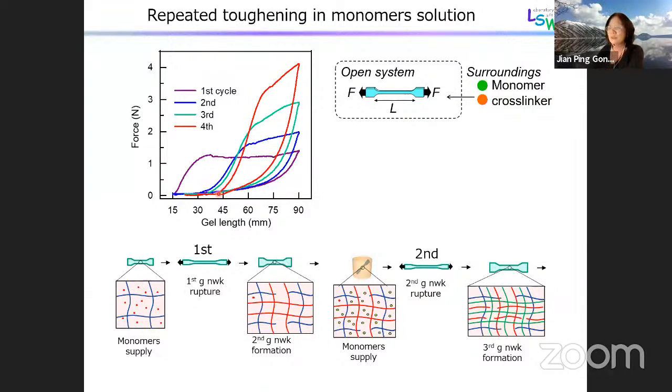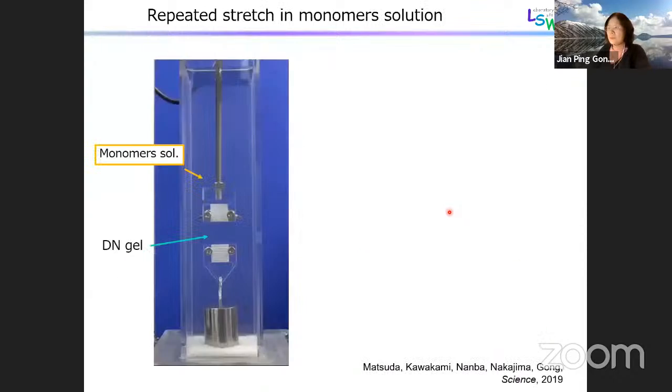So at the beginning, there's no force to stretch the sample to the predetermined length, but the maximum force increases with the cycles. And this can be more clearly seen in the movies.